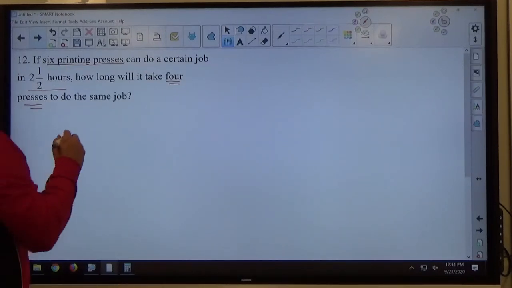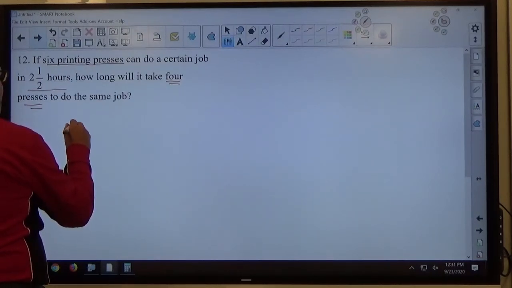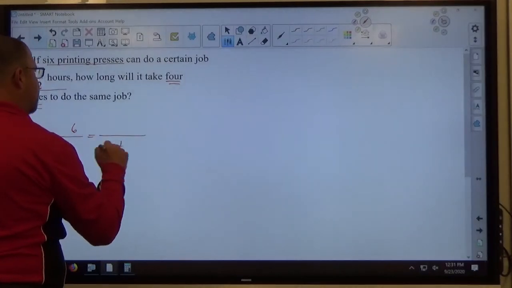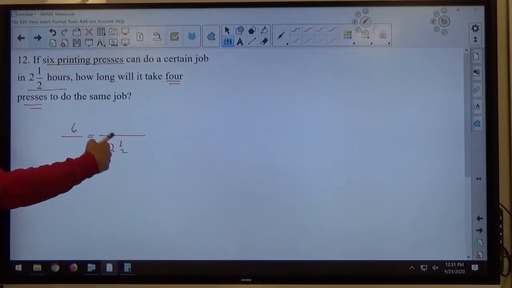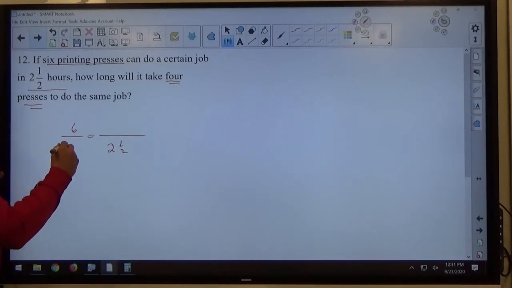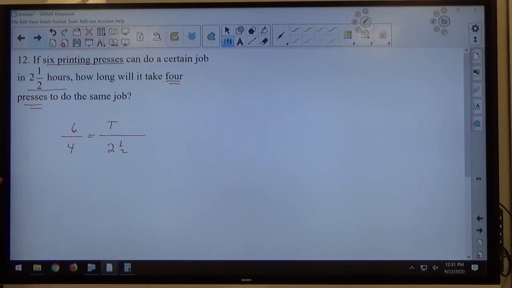So, with that in mind, the way an inverse relationship works is like this. I'm going to put 6 and 2 1/2, this and this, diagonal to one another. And then the 4 presses diagonal to the time it takes for 4 presses. Direct relationship, they would have been directly across from each other.